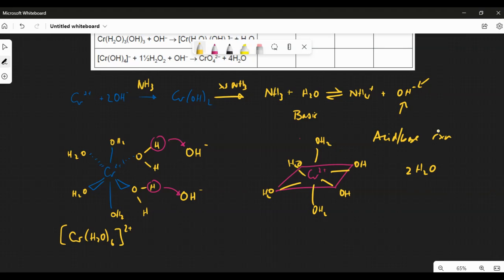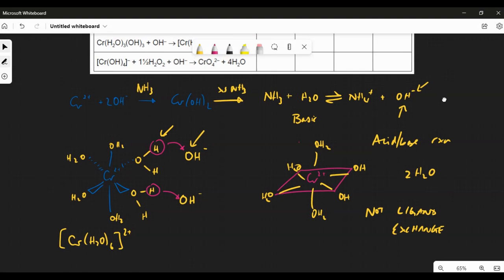And the answer is no. It's an acid-base reaction. Strange as it seems, this is not ligand exchange. It's acid-base because protons from the ligand have gone onto the hydroxide ions and given us water. And any time you see a proton exchange, it must be acid-base.